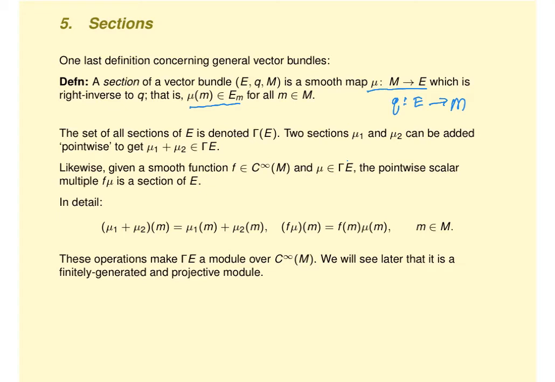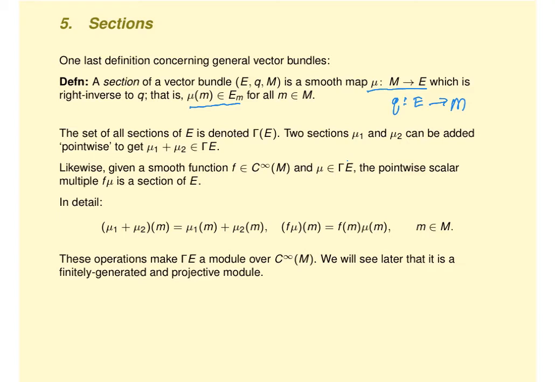If the vector bundle is the cotangent bundle, then the sections are the one forms, again interpreted this way. And we've gone to some work to interpret sections of TM and sections of T star M in more directly usable ways. But nonetheless, the fundamental definition is that they're sections of these bundles.